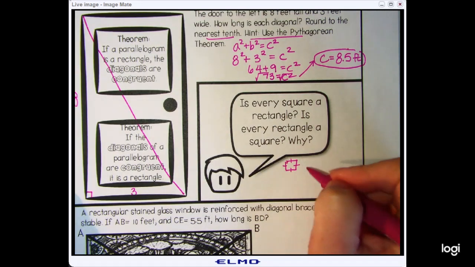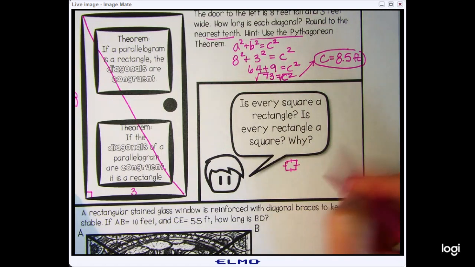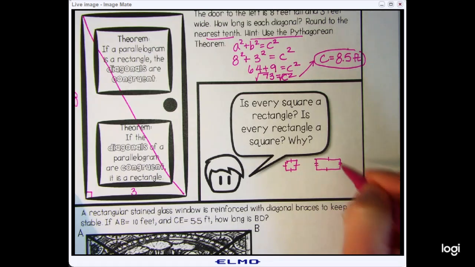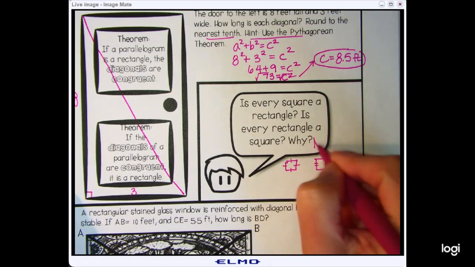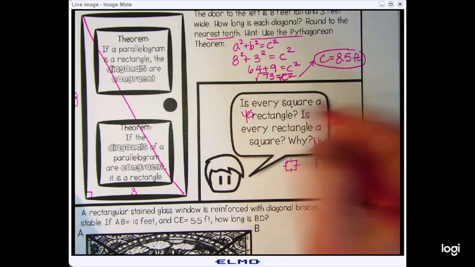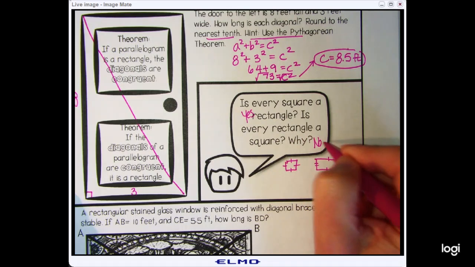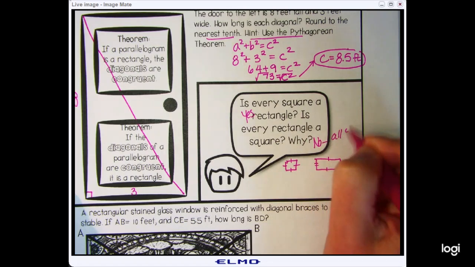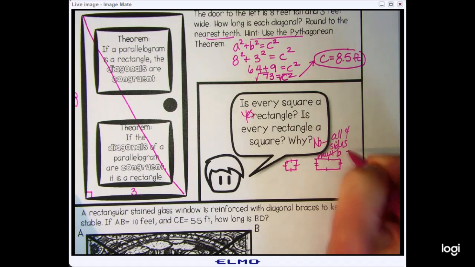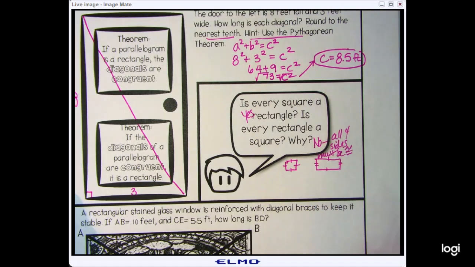So yes, a square is a rectangle, but the other direction, is a rectangle a square? No, because not all 4 sides are congruent. Is every square a rectangle? Yes. Is every rectangle a square? No. All 4 sides must be congruent, right?